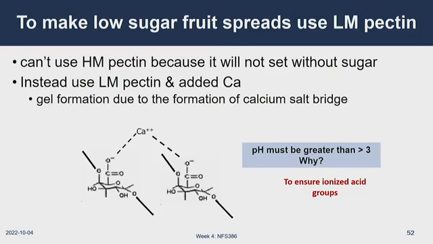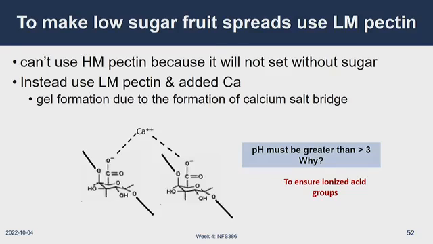So instead, if we want to have a low sugar fruit spread, instead of using the HM, we use the LM, so the low methoxyl pectins. And we add the calcium. In this case, there is a gel formation due to a bridge.